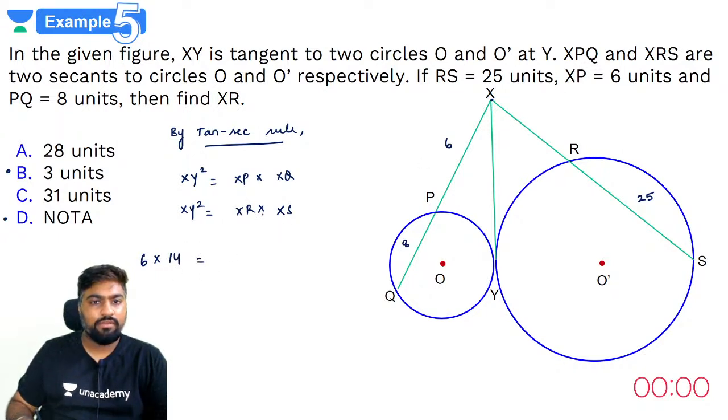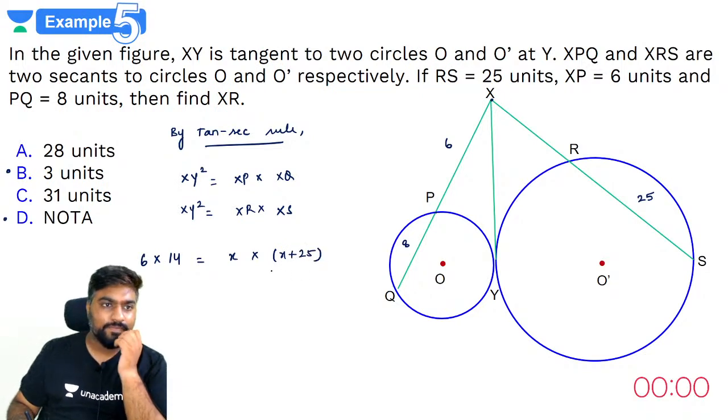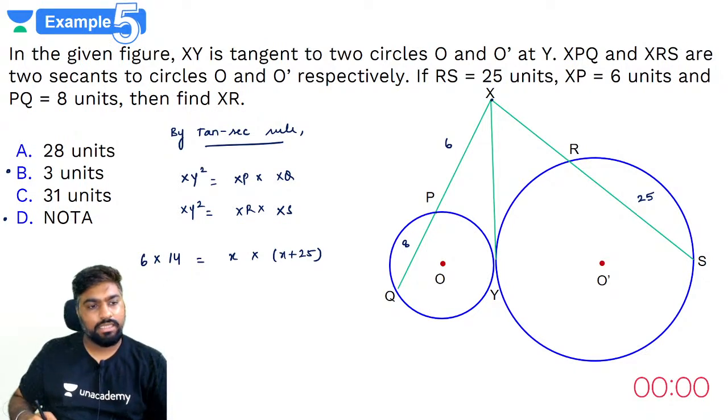So 6 into 14 will be equal to XR, let's say this is x, into XS, which is x plus 25. So 4 times 16, 60 plus 24, 84. So x into x plus 25 should be equal to 84.